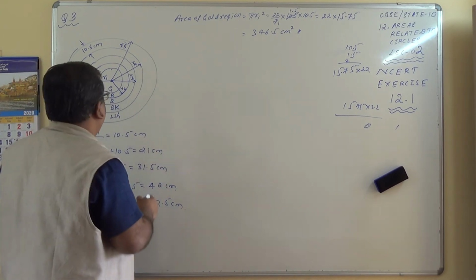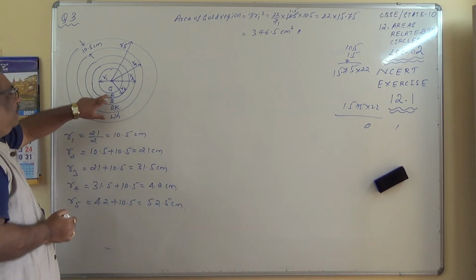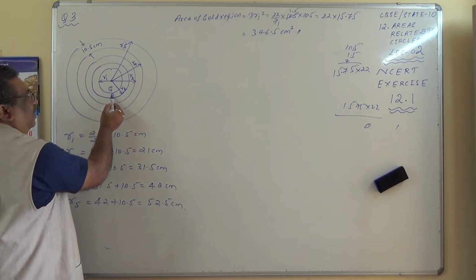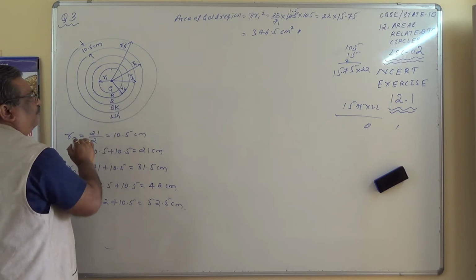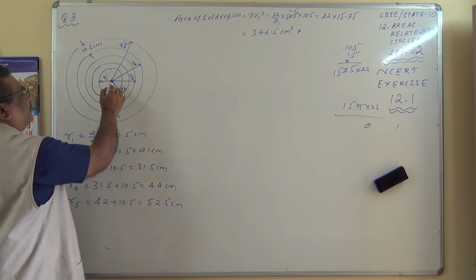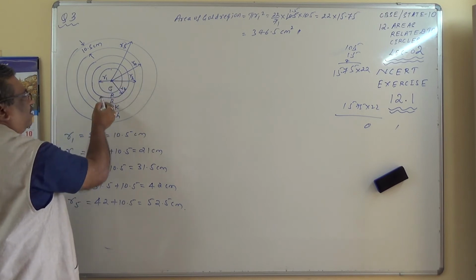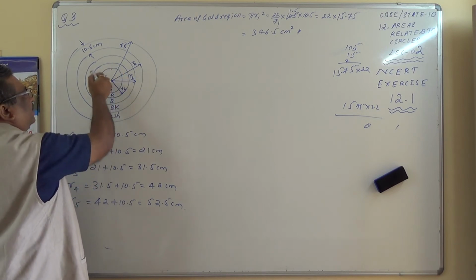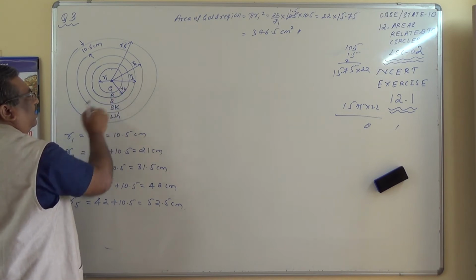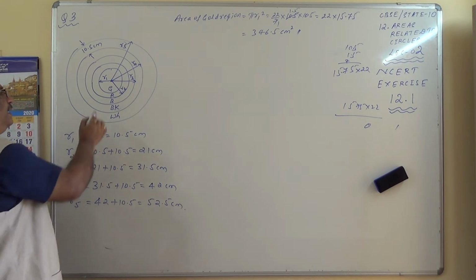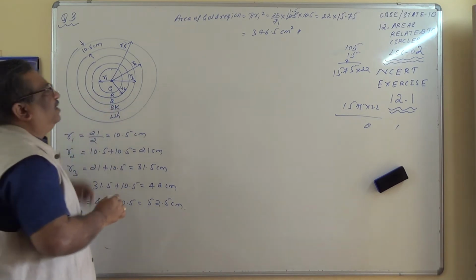Now second one, area of the red region. Area of the red region is equal to area of the circle with radius R2 minus area of the gold region. In order to get the area of the red region, I have to take the area of the circle with radius R2 minus area of the circle with radius R1. That gives me the area of the red region.